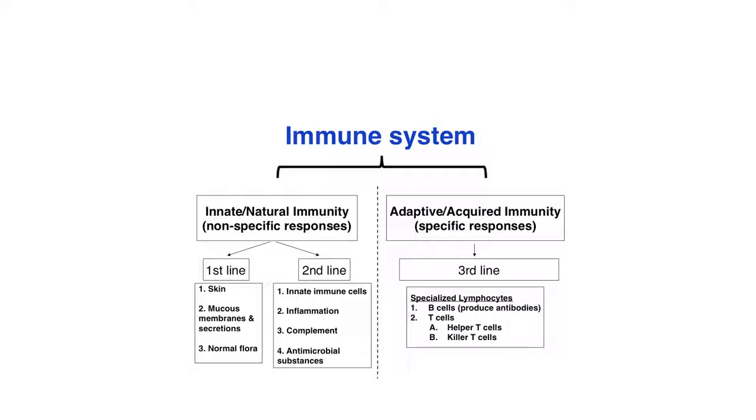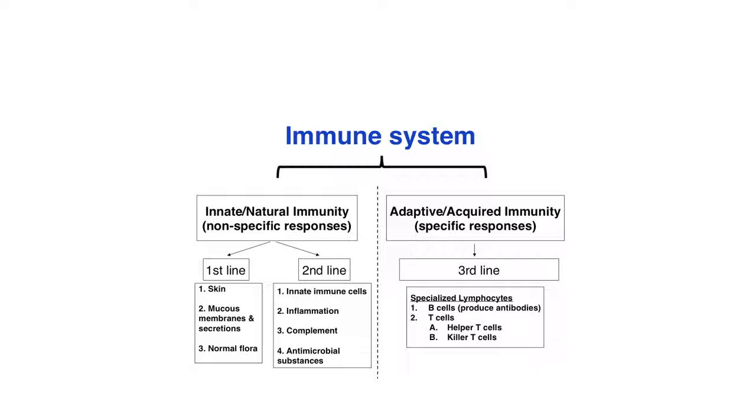It is a reaction, a non-specific reaction to an intruder, invader. Then complement, also second line of defense. Complement is a mixture of proteins which do harm to bacteria. We will have a closer look at it when we come to that point. And then antimicrobial substances.